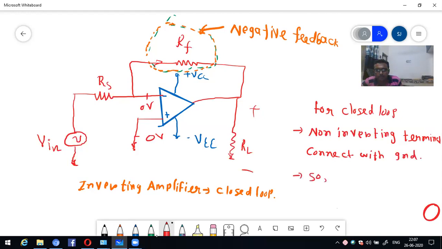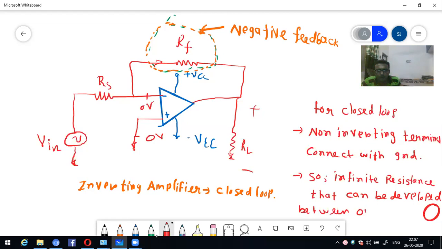So infinite resistance can be developed between the op-amp terminals.